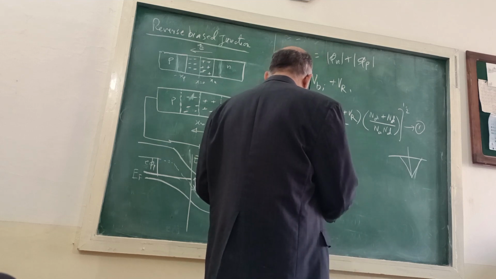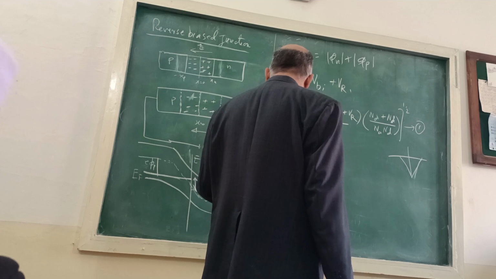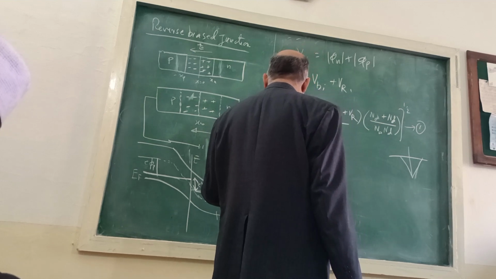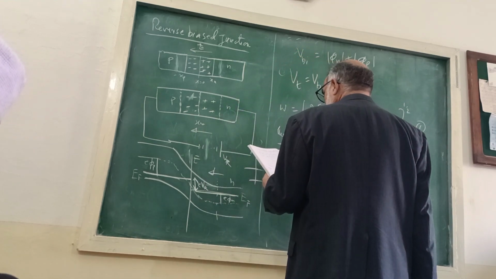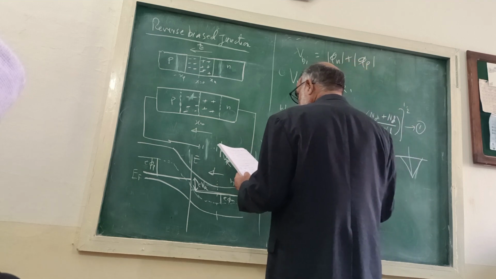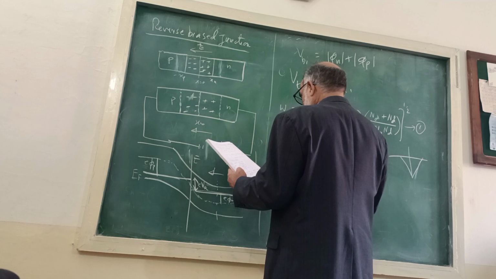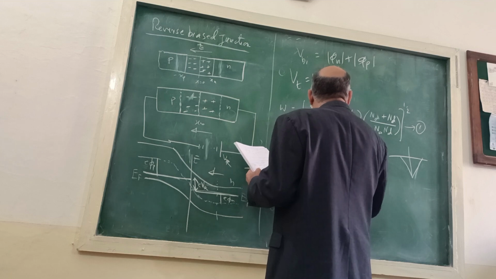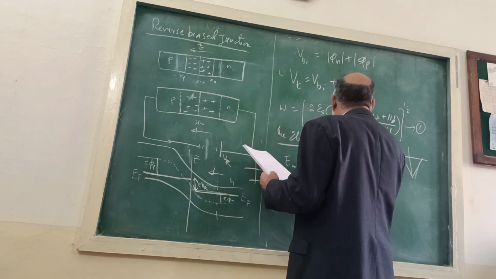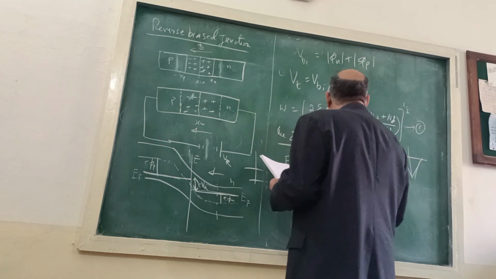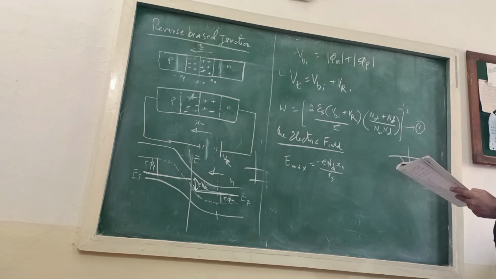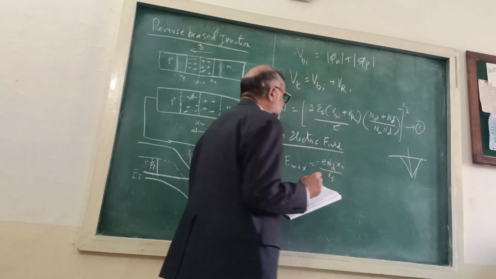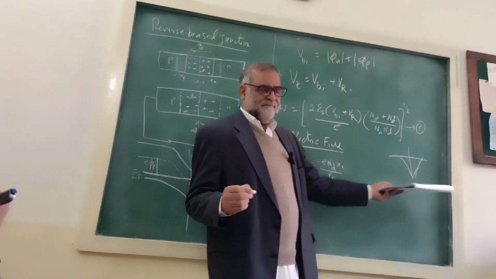So E maximum, from the previous situation, is equal to minus E N D xn divided by epsilon S. Similarly, you can get the same from the other side.